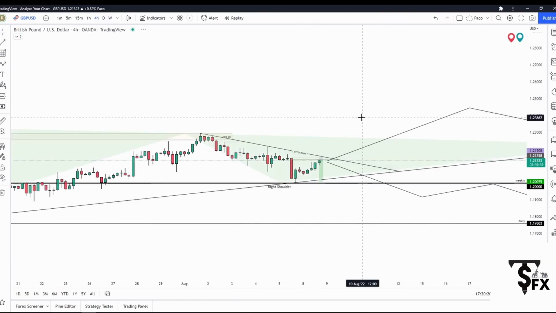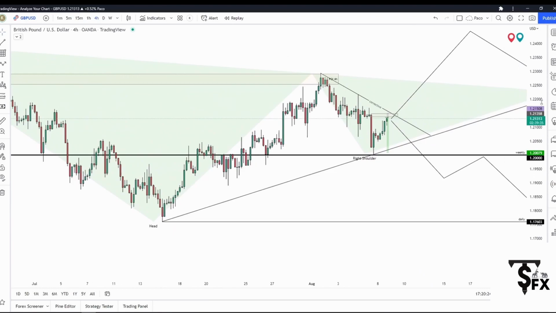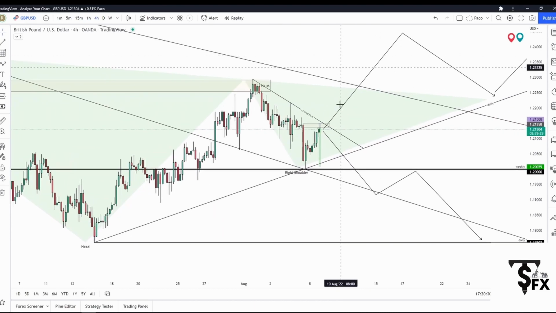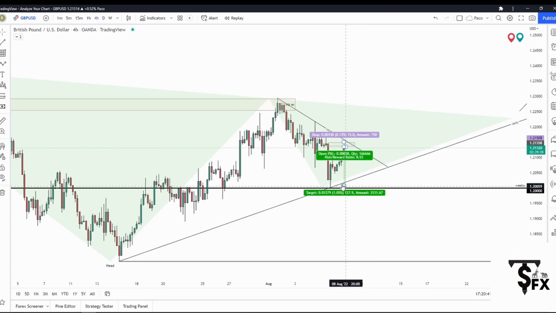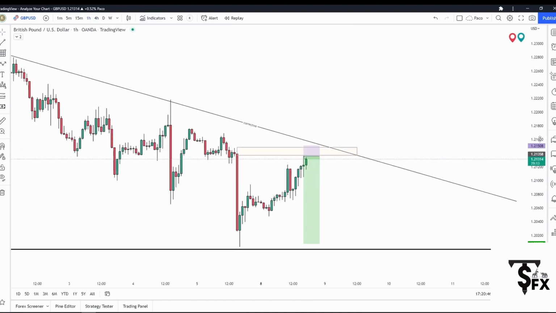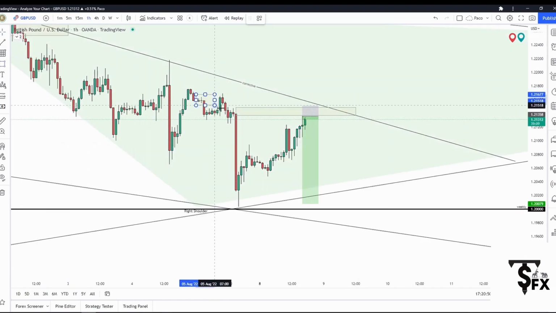On a 4-hour time frame, we can see that the price has made a lower low from the previous low and is testing the trend line. On 1-hour time frame, we can see that the price has reached the supply zone over here.